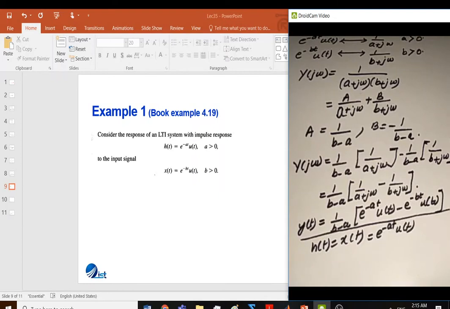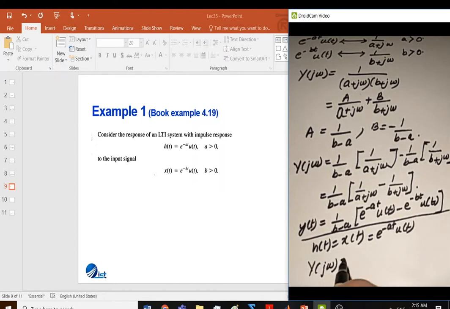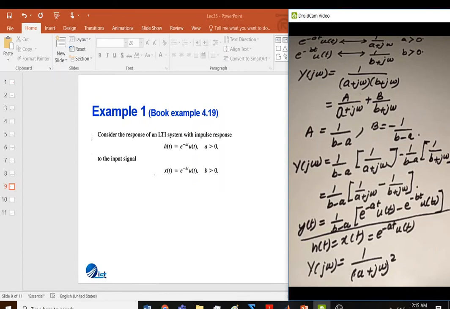So if both A and B are equal, A is equal to B, then for Y of j omega we would have Y of j omega is equal to 1 by (A plus j omega) square. We have seen this through example 4 in lectures 33 and 34, and also from Fourier transform pair 14 in table 4.2.